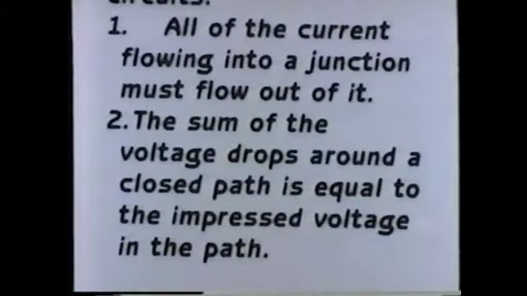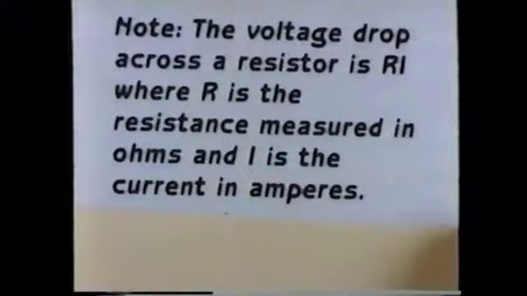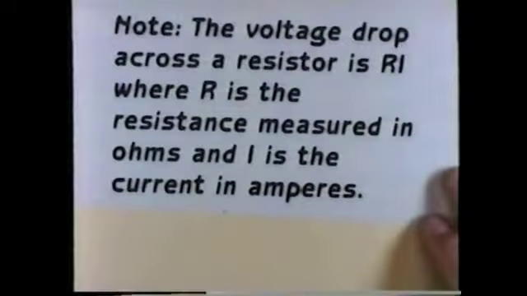So you've got Kirchhoff's 2 laws. All the current flowing into a junction must flow out of it. The sum of the voltage drops around the closed path is equal to the impressed voltage in the path. I'm not trying to do a complete physics lesson, but I need to give you some physics so you can understand the application.